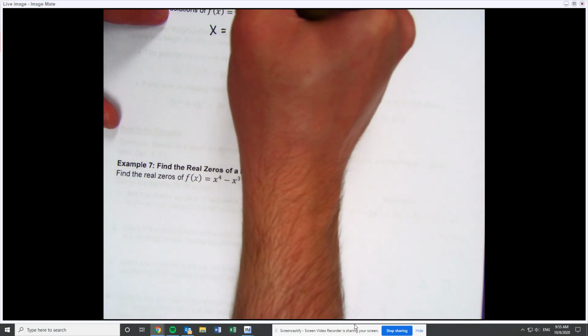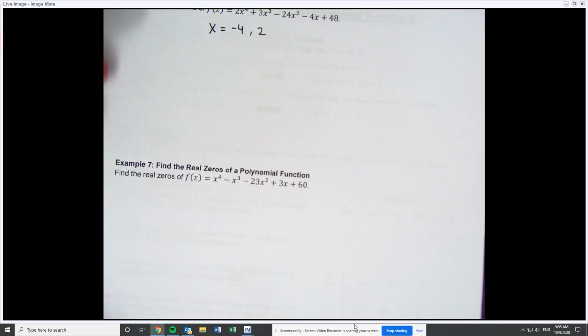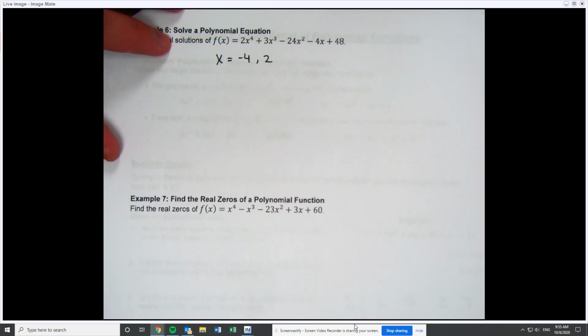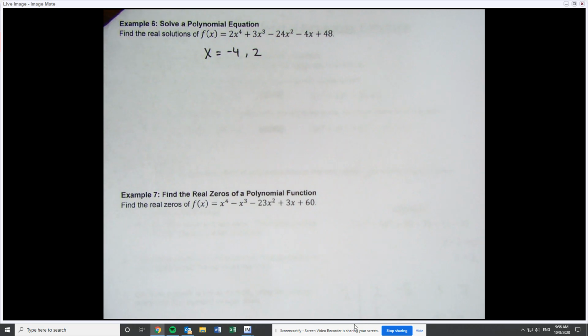So I know that I can use -4 and 2. Now, if you're wondering, hey, it touched at 2, that means something special because we learned that last time. You're right. That does mean something special. But I want to show you an alternate way of going about these that doesn't involve you remembering one special little trick rule.